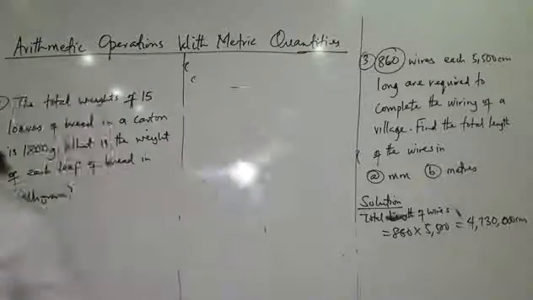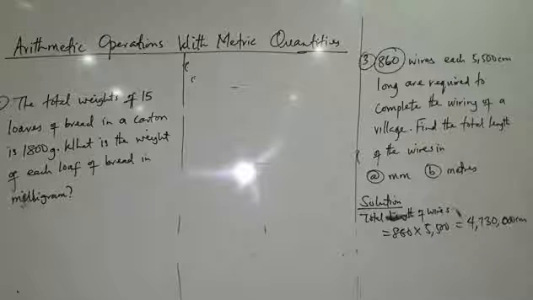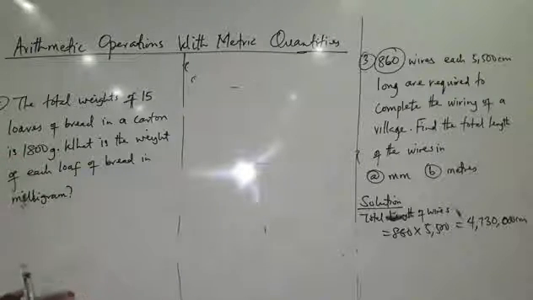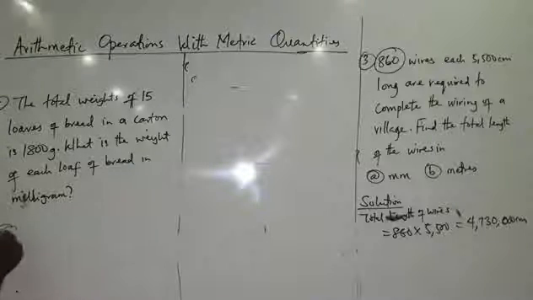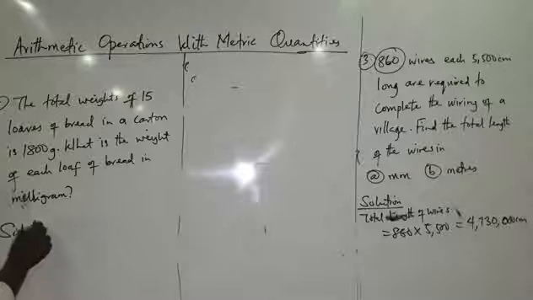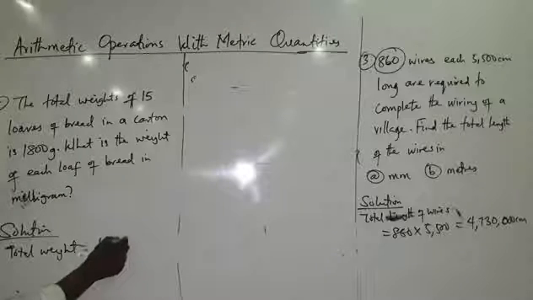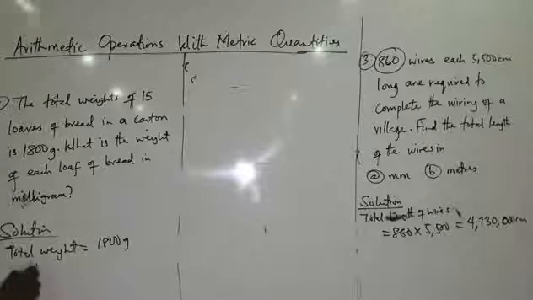So we have the total weight of 15 loaves of bread in a carton is 1,800 grams. So what is the weight of each loaf of bread in milligrams? Since 15 loaves of bread give us 1,800 grams, the total weight is given as 1,800 grams, and we have 15 loaves.